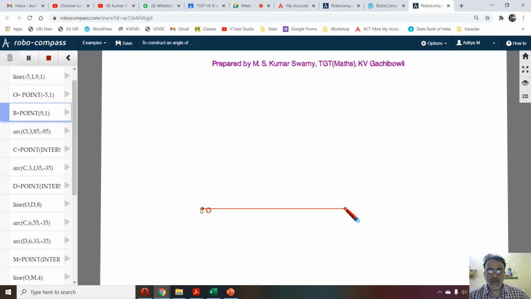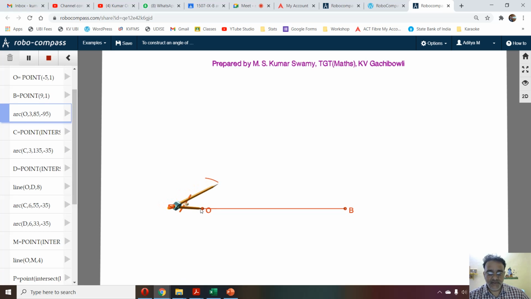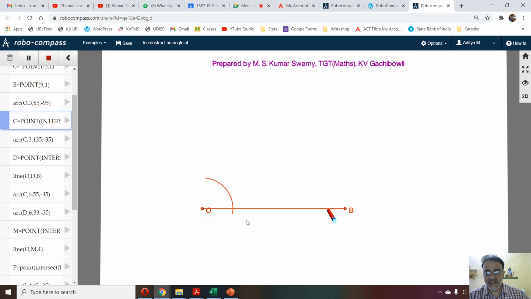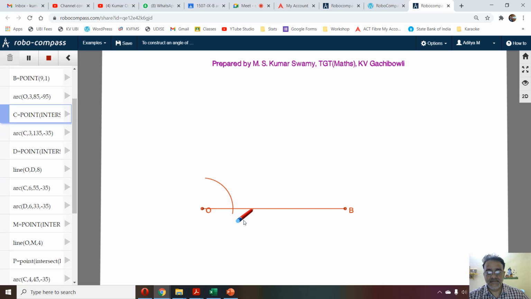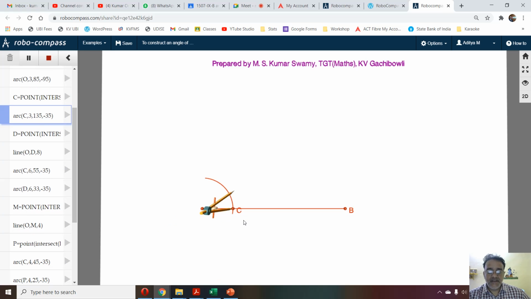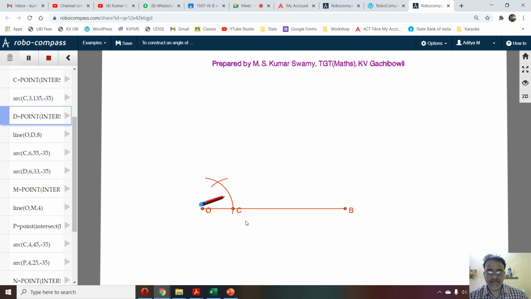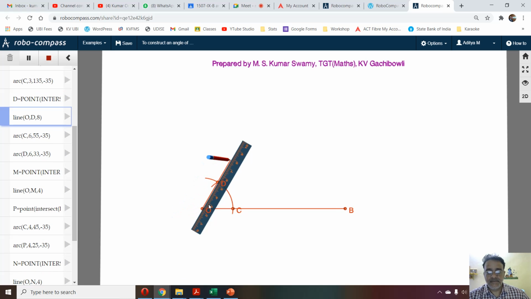So with center O, with convenient radius, we are going to draw one arc which will intersect OB at point C. Now with center C and same radius, we'll draw another arc which will intersect the previous arc at point D. And we will draw a line through OD. Right, so this is 60 degree.